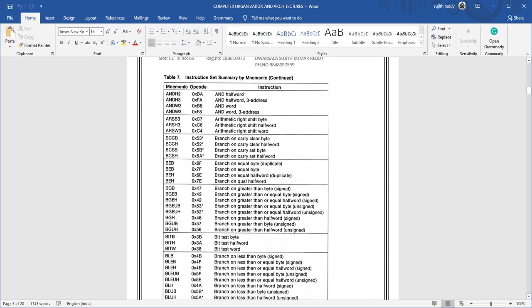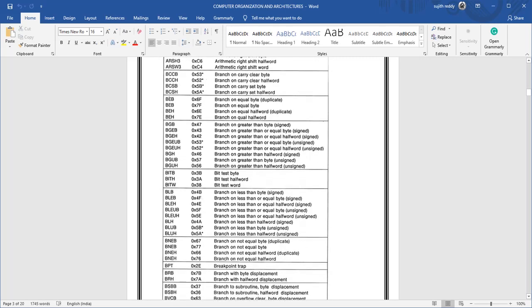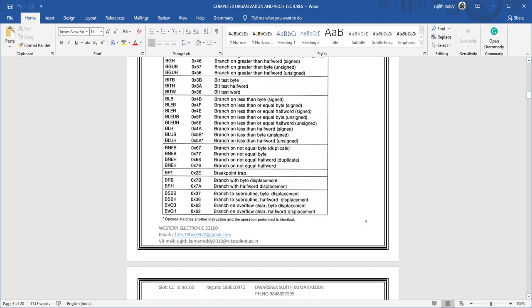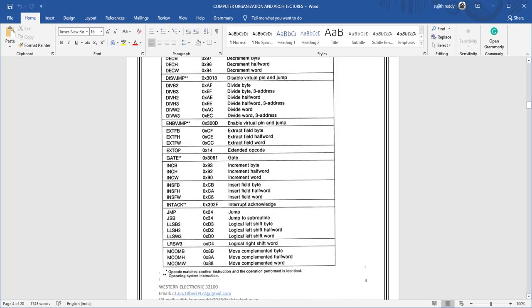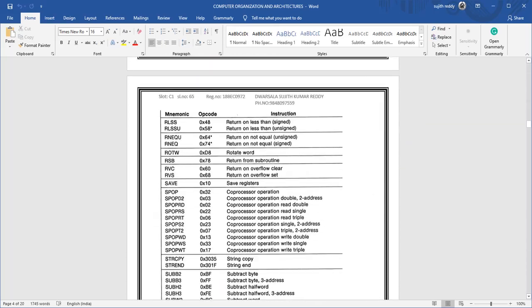There are more than 100 different types of instructions, and each does different operations. These are the tables of the instruction sets, so you can go through them for any specific function. The operation codes are here. Let me skip to the next question.